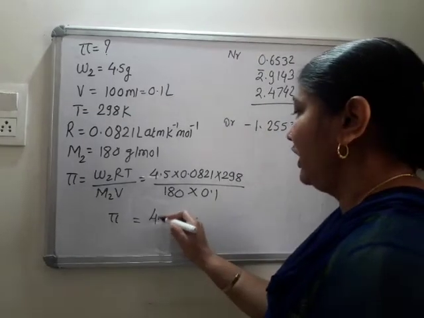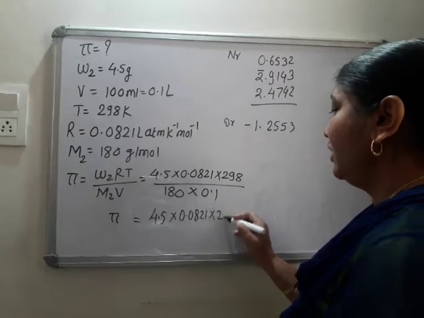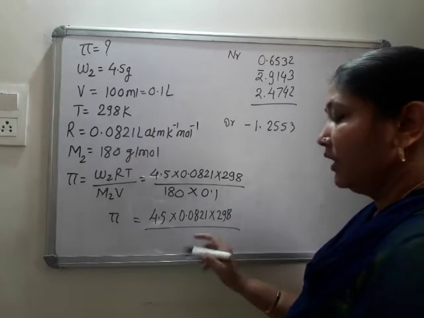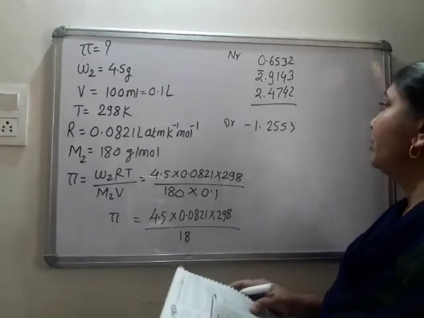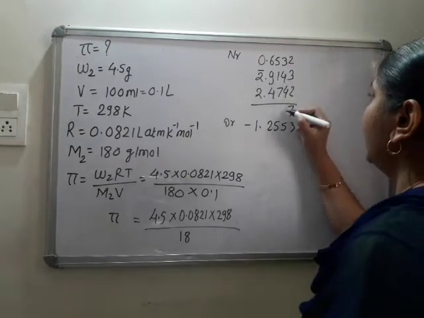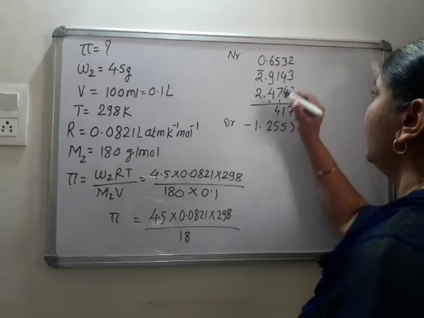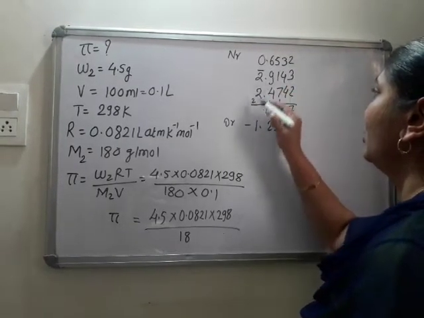So here what did I do? This is 0.0821 into 298 and I have multiplied by 0.1 and it becomes 18. Okay. Simplify. Adding the logs, the 2 get cancelled.